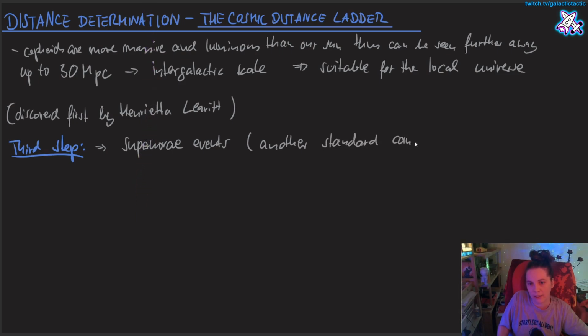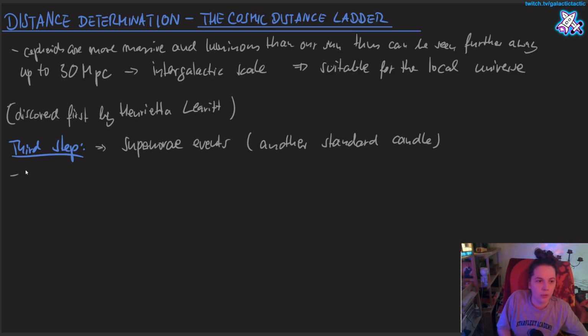As we said earlier, a standard candle is an object where we have a very well-defined intrinsic brightness because of a physical property. And in here we have the physical property of how a supernova is triggered and how bright it is because of the triggering.